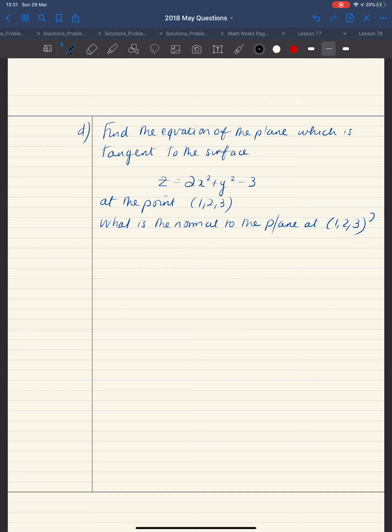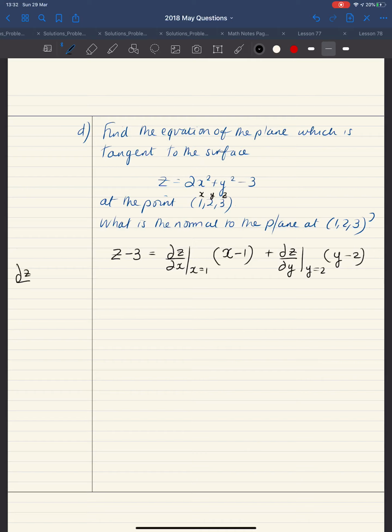So for this, we start by saying it's z minus 3 equals dz by dx, evaluated at the x coordinate, which is 1. That's the x coordinate, the y, and the z. And then that's times x minus the x coordinate, plus dz by dy, evaluated at y equals 2, and then times y minus 2.